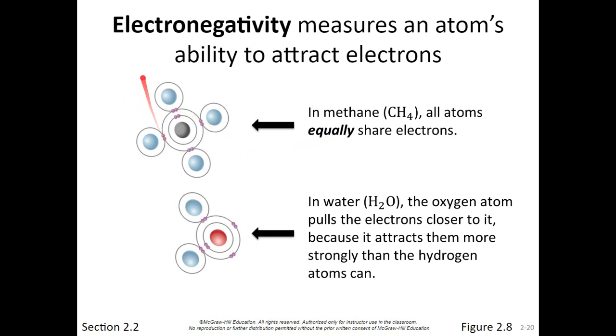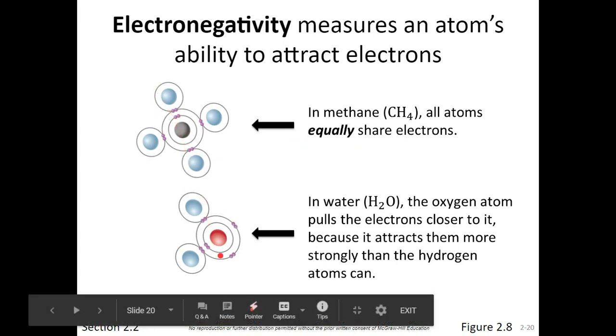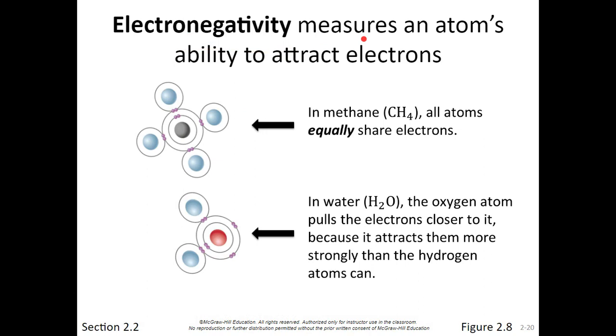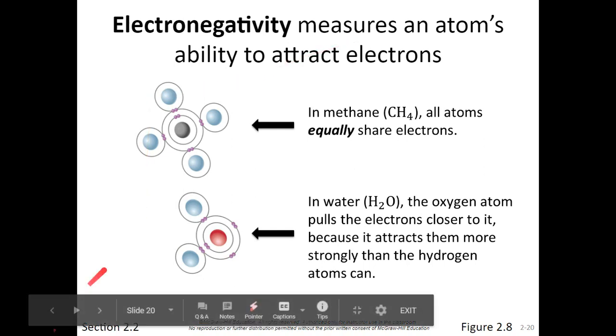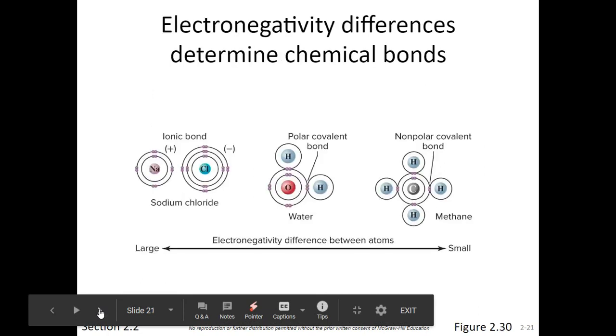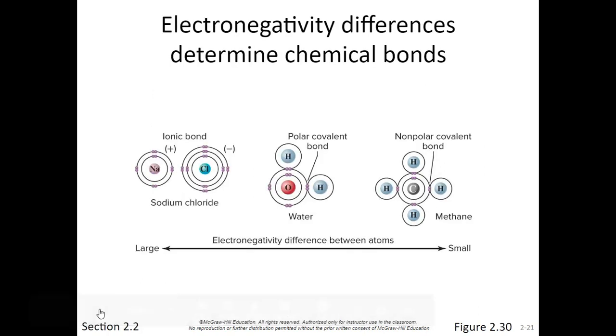Due to the difference in the electronegativity of carbon and hydrogen, and of oxygen and hydrogen, these bonds take place. So electronegativity is a property by which atoms are able to attract electrons. Electronegativity differs, and that is how covalent bonding takes place.